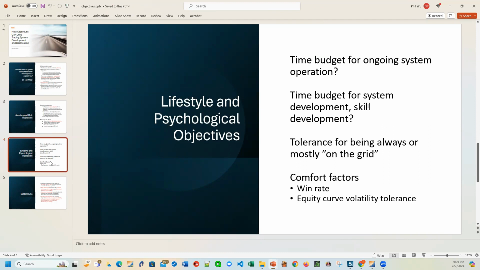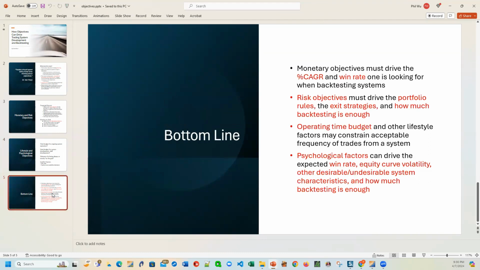So the final slide brings this all together, right? For backtesting, I think your monetary objectives, what return you're looking to get, are going to drive the compound annual growth rate that you're looking for, and the win rate. And your risk objectives are going to drive your portfolio rules and your exit strategies, and even how much backtesting is enough.